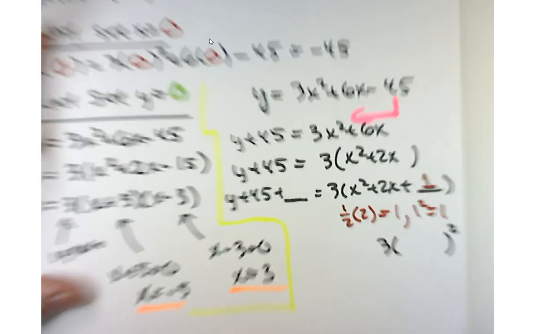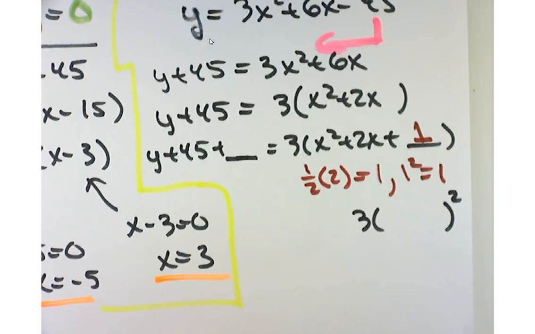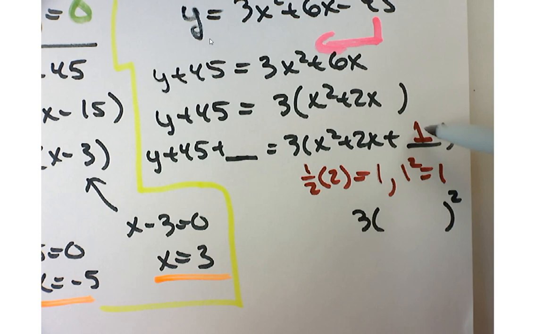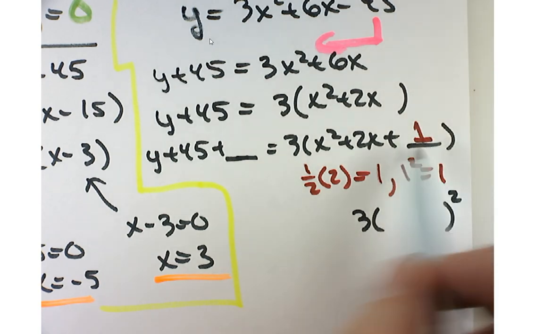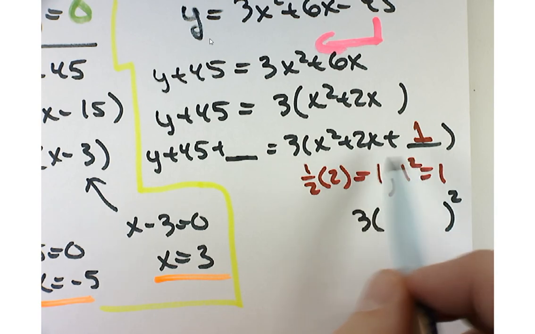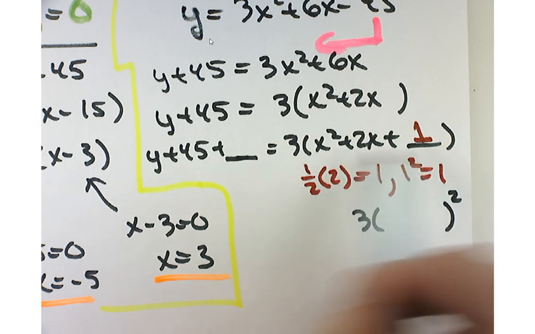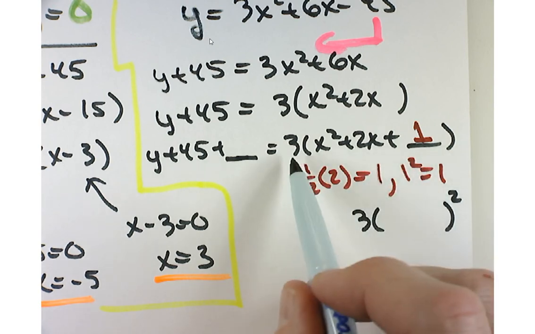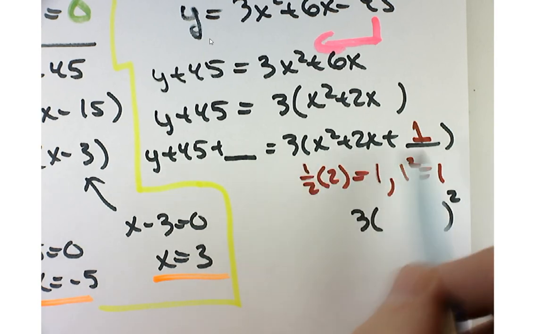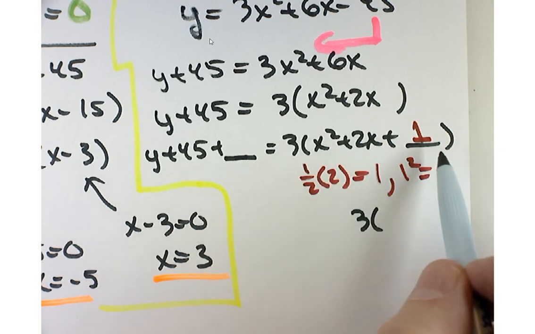But let's be careful about what I add on the left-hand side. I'm not just going to add 1, because that 1 is inside parentheses. What's happening to that 1 along with every other term in this parentheses? Being multiplied by 3.